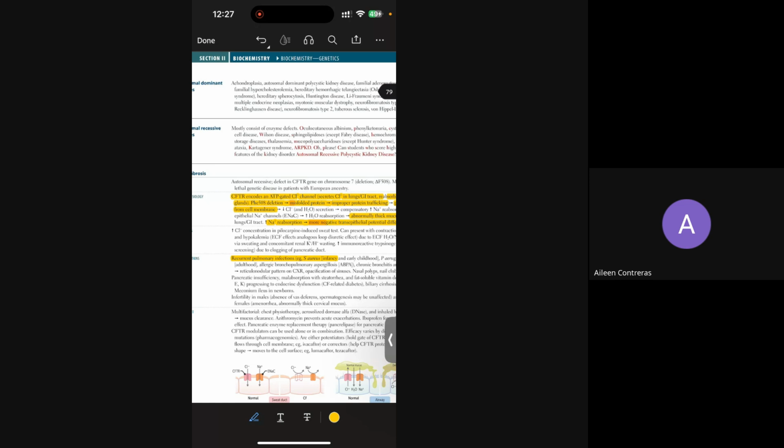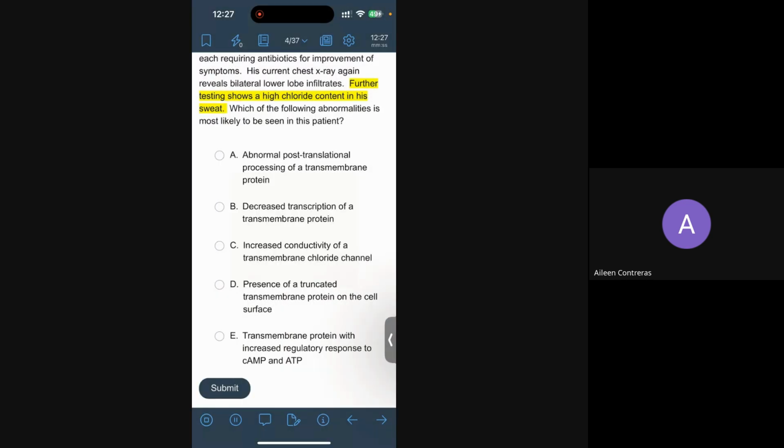After the protein is translated into amino acids, post translational processing, in which there is folding and glycosylation, is improper. And folding comes at what phase? In the post translational phase. So it is abnormal post translational processing. The transcription is not affected.